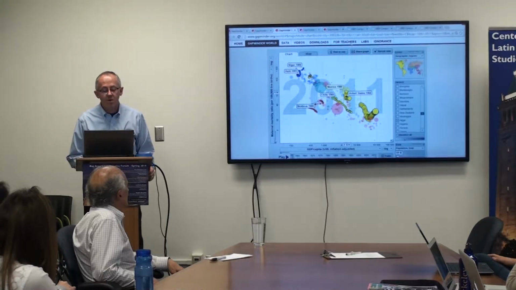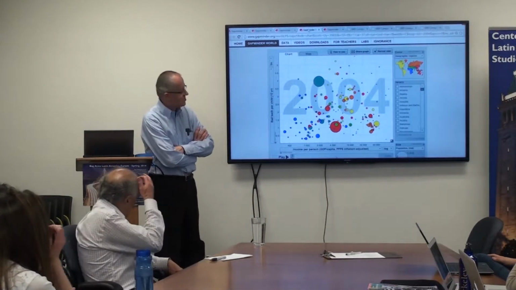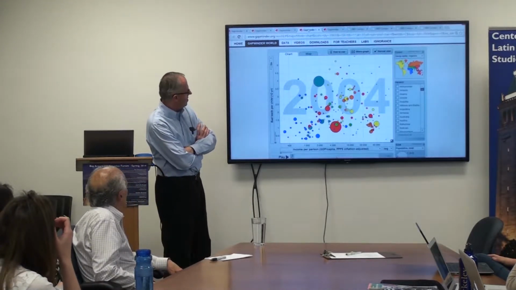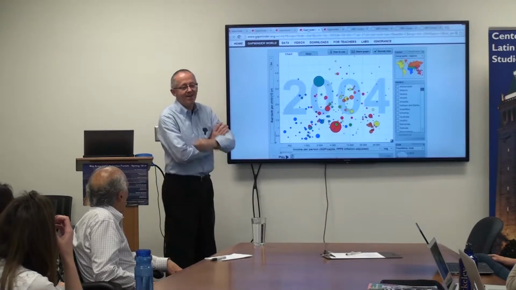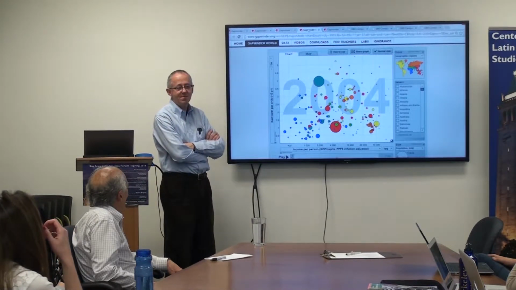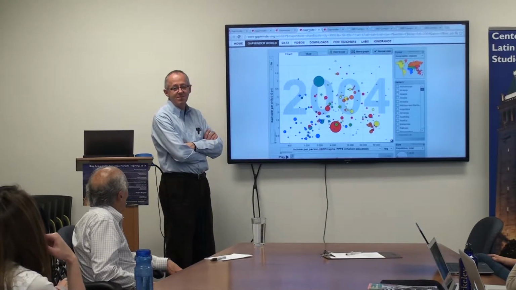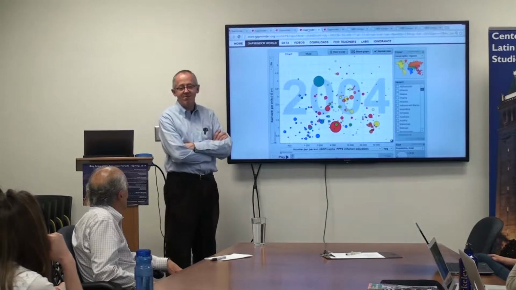So not every health condition is so easily related to income, though. This is teeth. Turns out that bad teeth, income doesn't predict it very well.